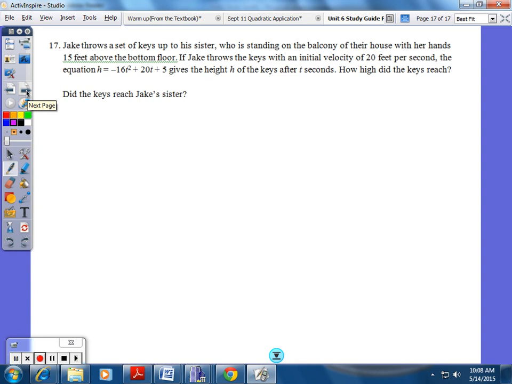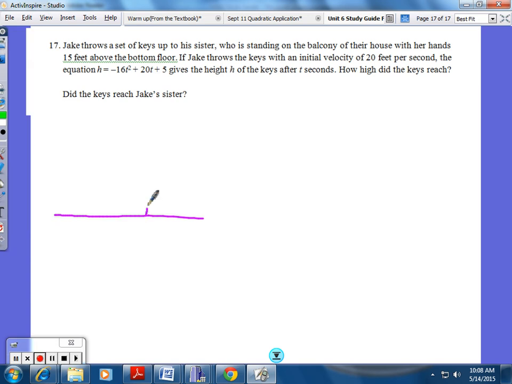Okay, number 17, they ask us how high did the keys reach? Okay, they say you're gonna throw something up to the sister. So the sister's standing on a balcony. Okay, and Jake is throwing the keys up to his sister.